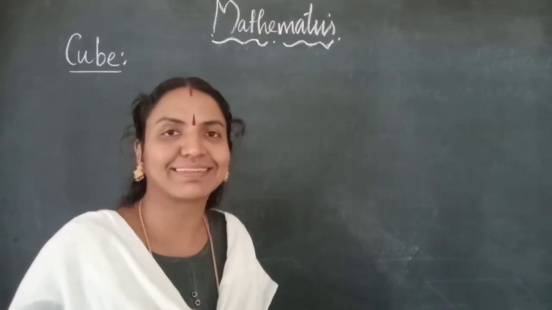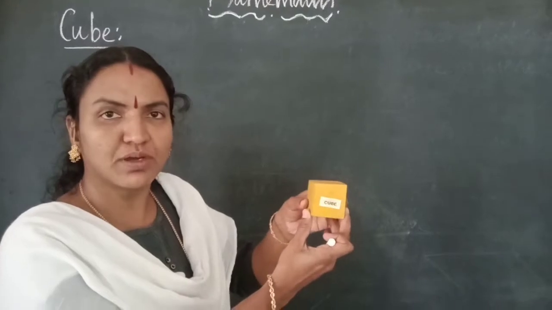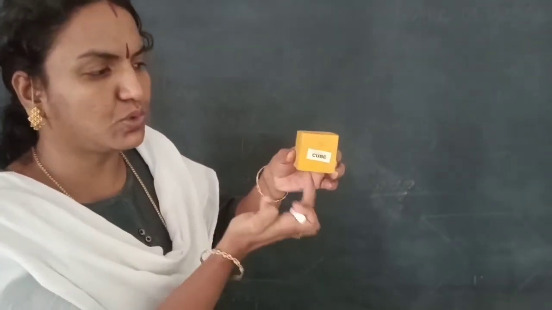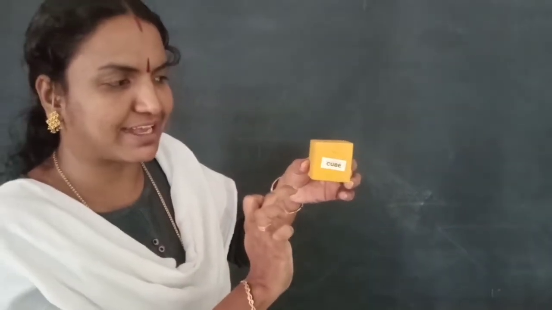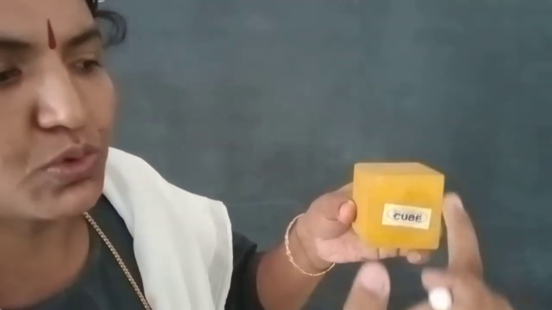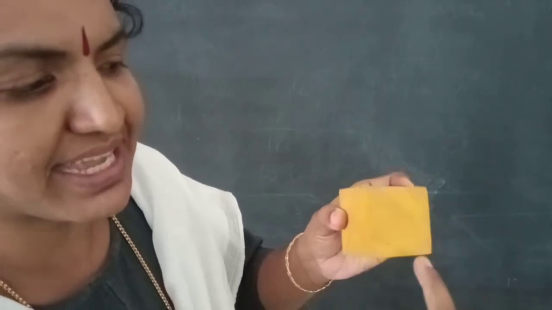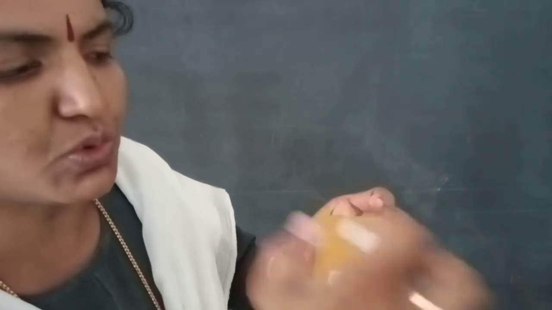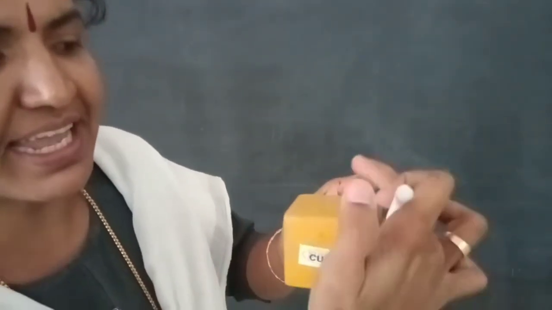Next, we shall discuss three-dimensional shapes. First one, cube. Here 6 square faces. 1, 2, 3, 4, 5, 6. 6 square faces and 8 vertices, 1, 2, 3, 4, 5, 6, 7, 8.